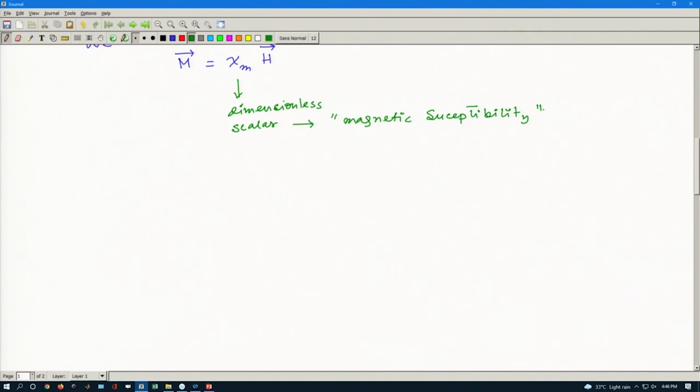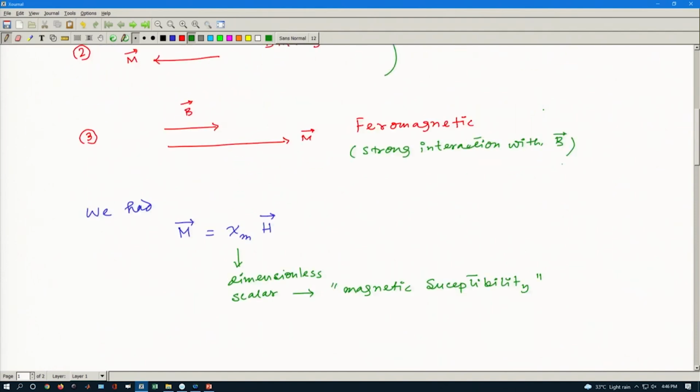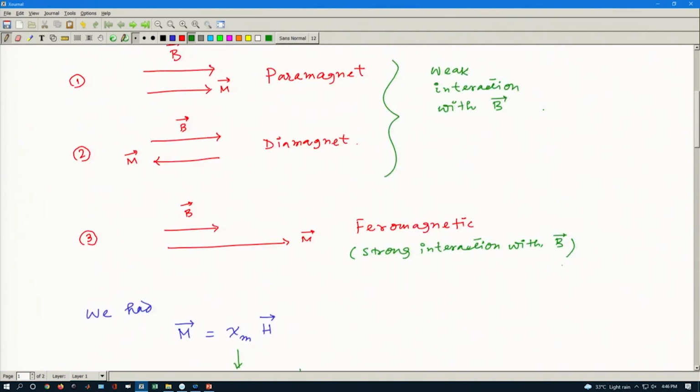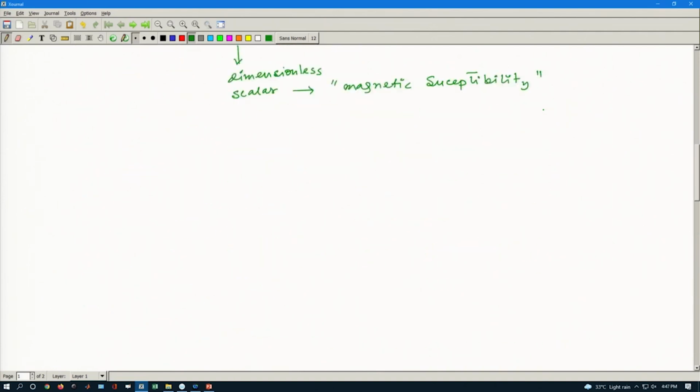Magnetic susceptibility. Now, from this figure we can say that for paramagnets and diamagnets, the sign of the susceptibility is different.